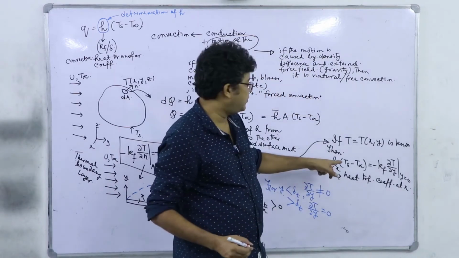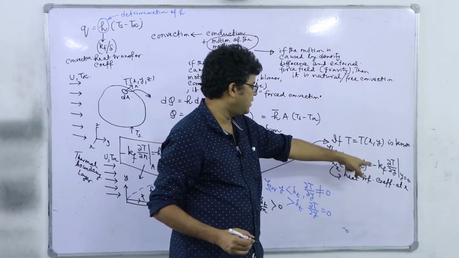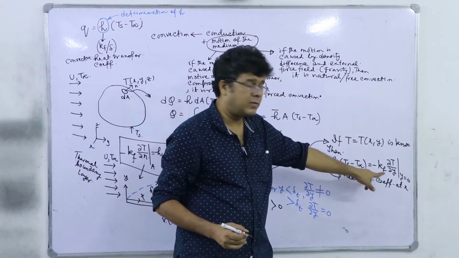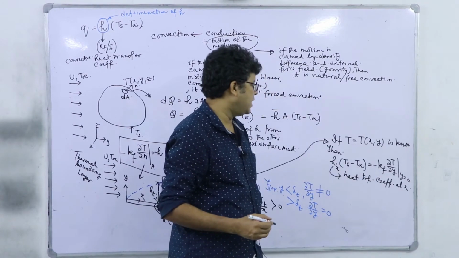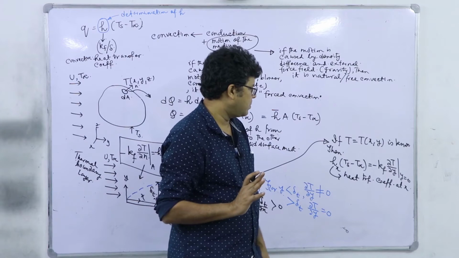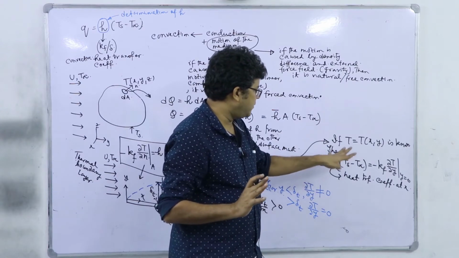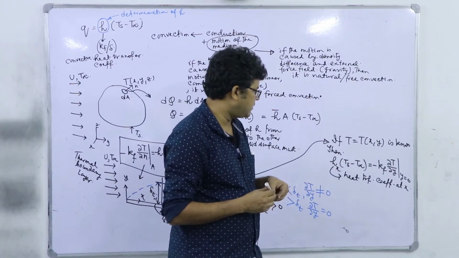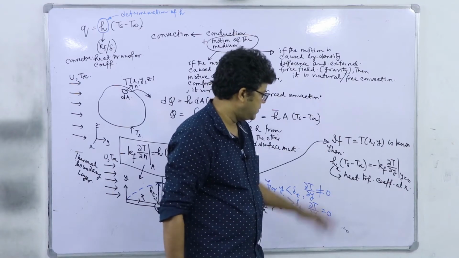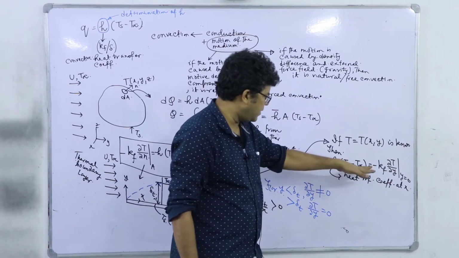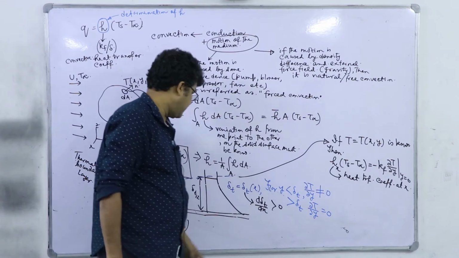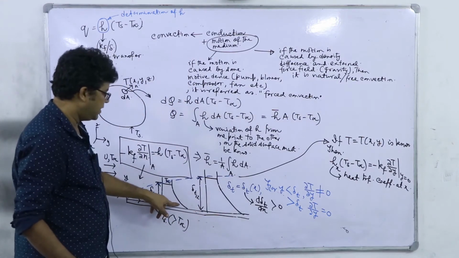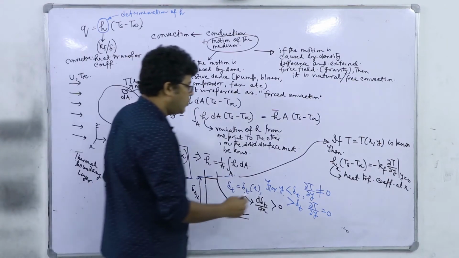So that multiplied by Ts minus T infinity is equal to minus Kf, where Kf is the thermal conductivity of the fluid, into del T del y at y is equal to 0. Now you see there is a typical inference we can put forward here: del T del y will obviously be lower. Why?